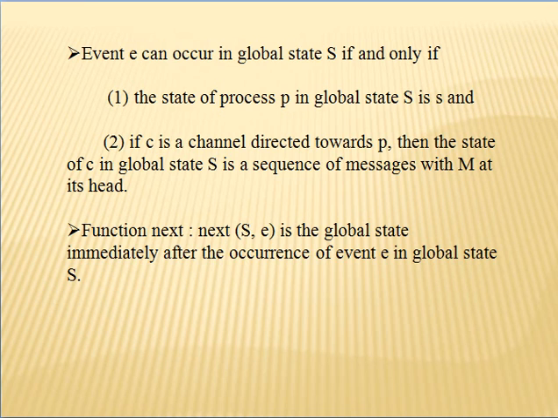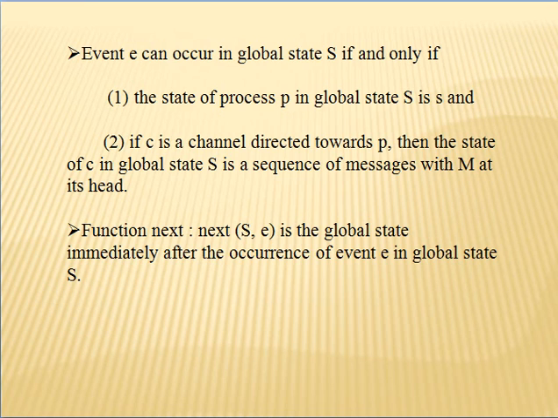The function next of S comma E gives the global state immediately after the occurrence of event E in global state S. The value of next of S comma E is defined only if event E can occur in global state S, in which case next of S comma E is the global state identical to S, except that the state of P in next of S comma E is S dash.